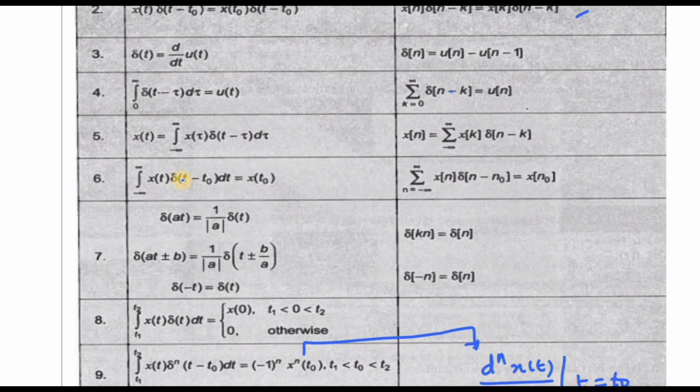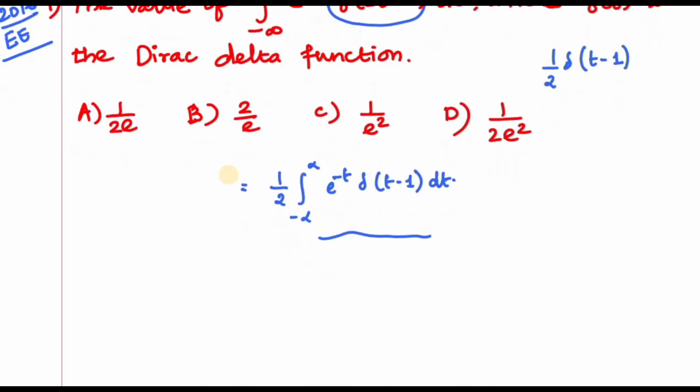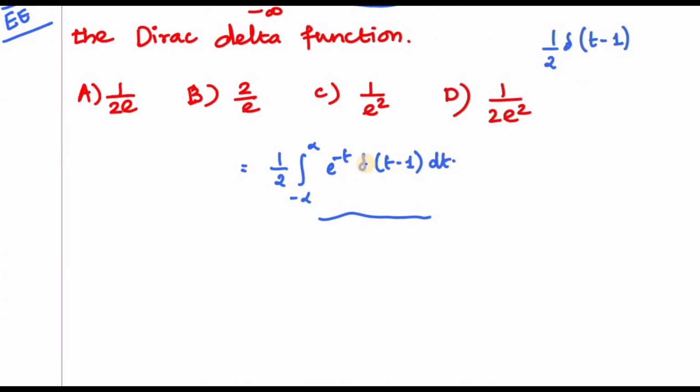In order to get del of 0, I need to substitute t equal to t naught. Similarly, in order to make this one 0, I need to substitute t equal to 1. So if I substitute t equal to 1, I will get 1 divided by e power 1, that is nothing but 1 divided by 2e. So that is your answer.